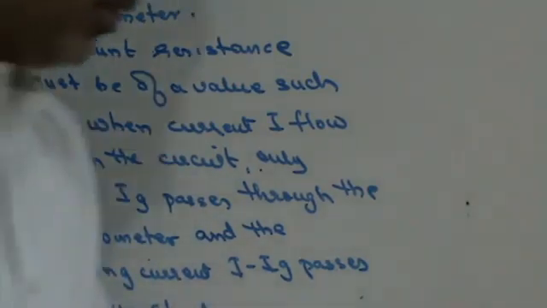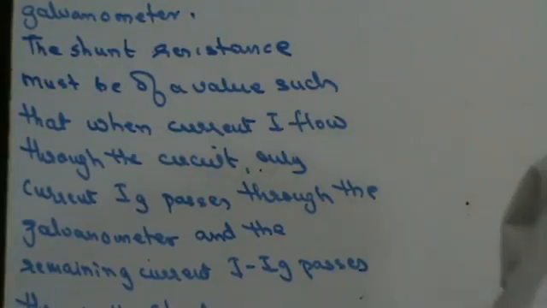Right? So my shunt current has to be I minus Ig. Total current minus the galvanometer maximum deflection current is the current that should pass through the shunt resistance.